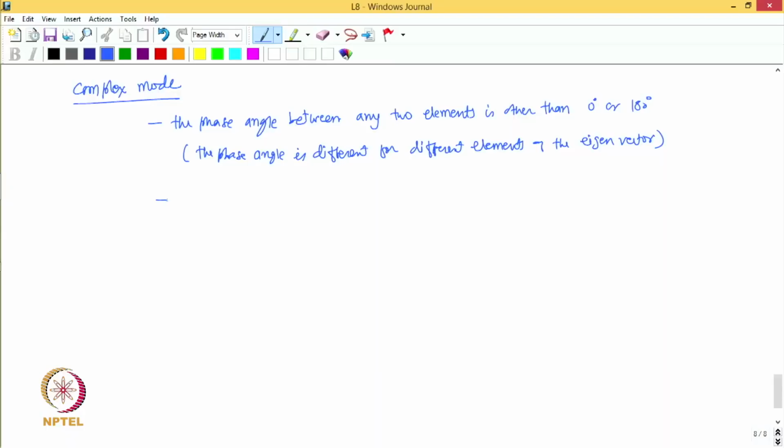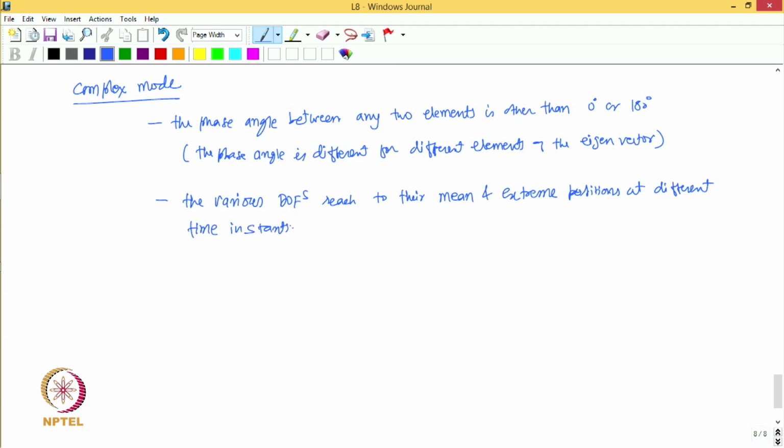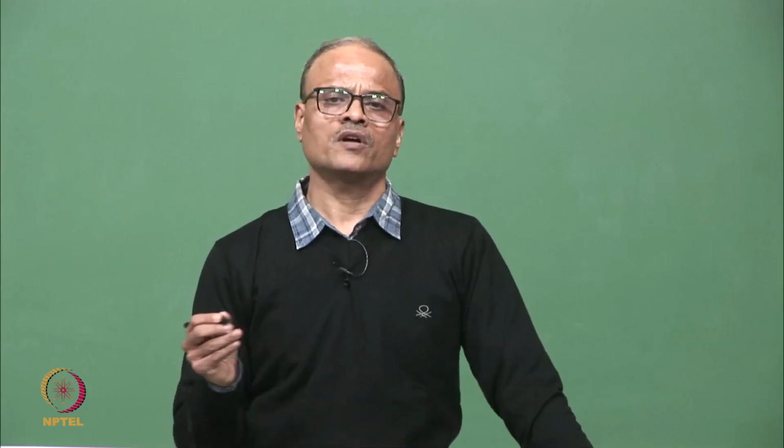Okay. So, therefore, here the various DOFs of the system reach their mean and extreme positions at different time instants. Right. So, the motion of different degrees of freedom is not synchronized with respect to each other.